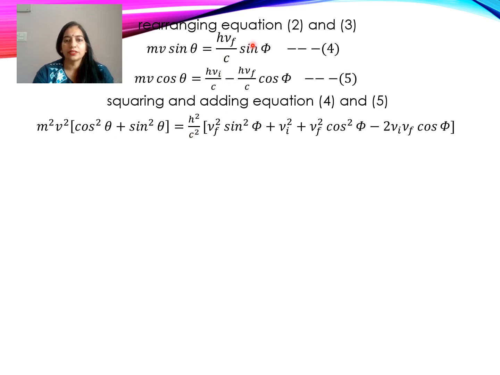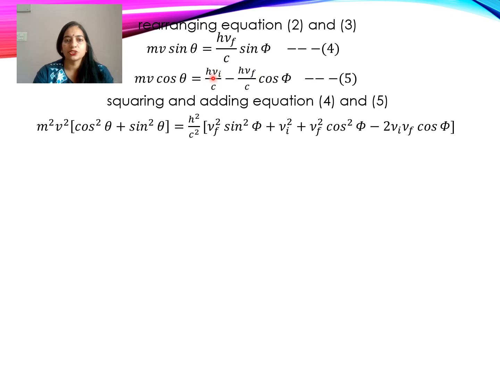And here, how do we square these equations? Square this: it is a minus b whole square, and we open the a minus b whole square. So h square upon c square nu f square sin square phi.